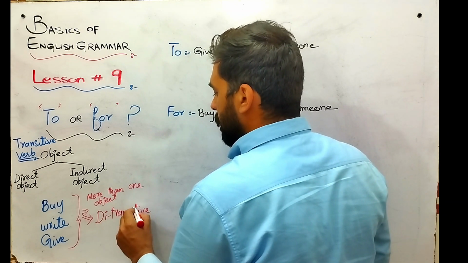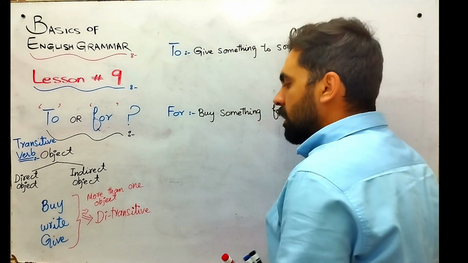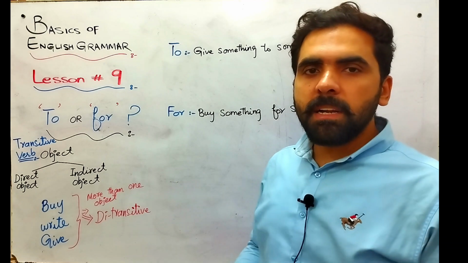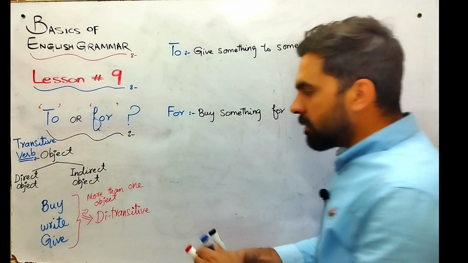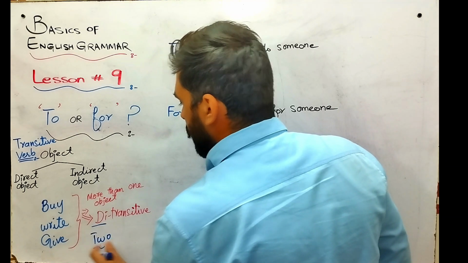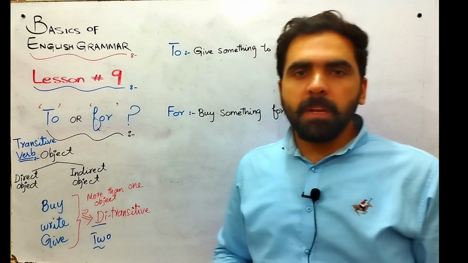Di means two, and transitive we have already discussed. We already know that transitive verbs are the verbs that need objects. So di means two. So these verbs need at least two objects. Now, here the problem lies.